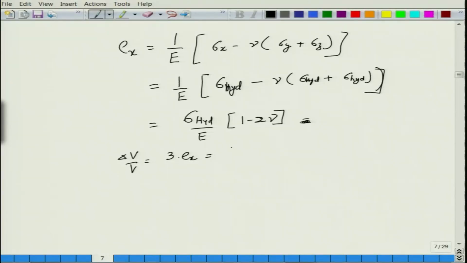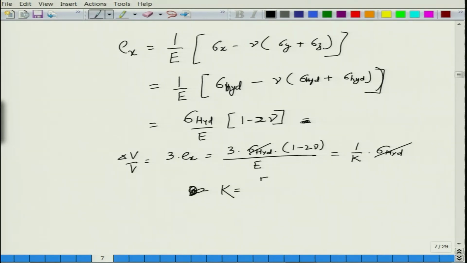That means delta V by V is equal to 3 Ex, which is 3 into sigma hydrostatic into 1 minus 2 nu divided by E, and this is equal to 1 by K into sigma hydrostatic. So, these two cancel each other. We have a relation between K and E, which is K is equal to E divided by 3 into 1 minus 2 nu.